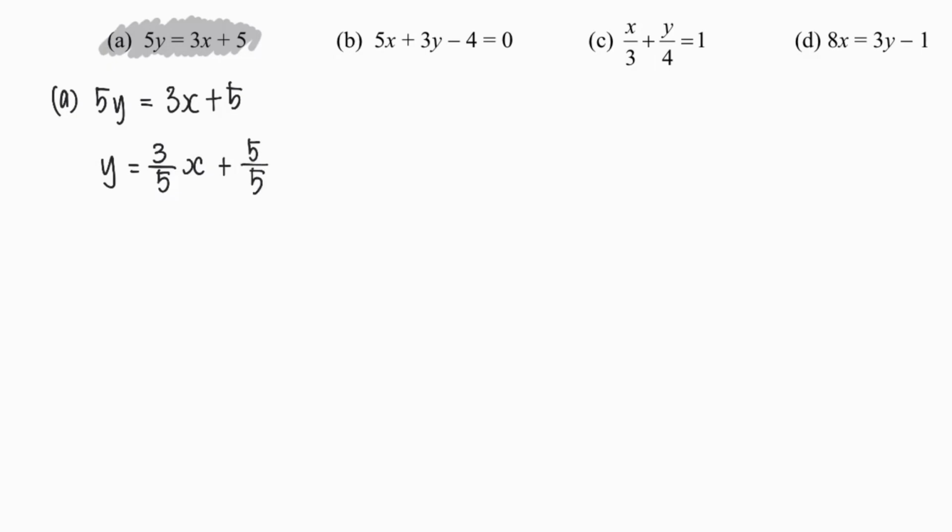If we can simplify, we continue to simplify further. And therefore, I will be able to get my gradient and my y-intercept. Okay, so gradient usually we use m to denote, so m equals 3 over 5. We usually use c to denote y-intercept, so c equals 1.